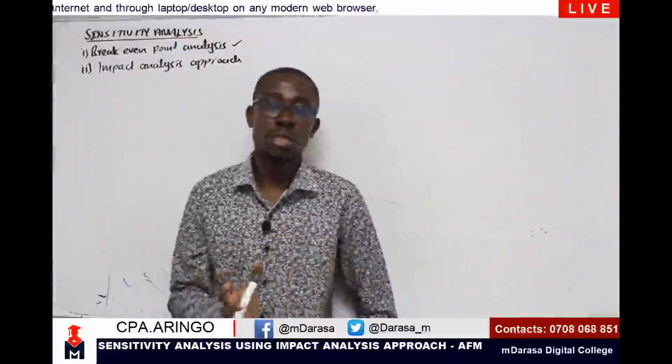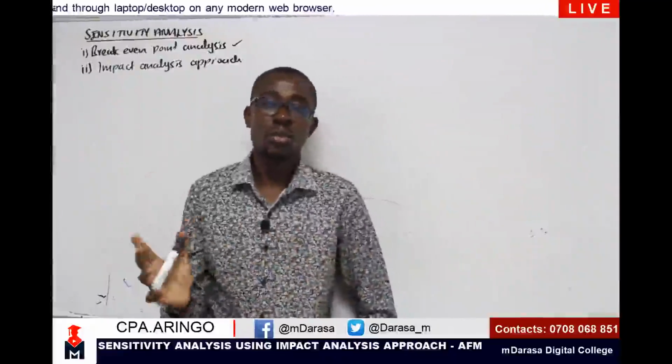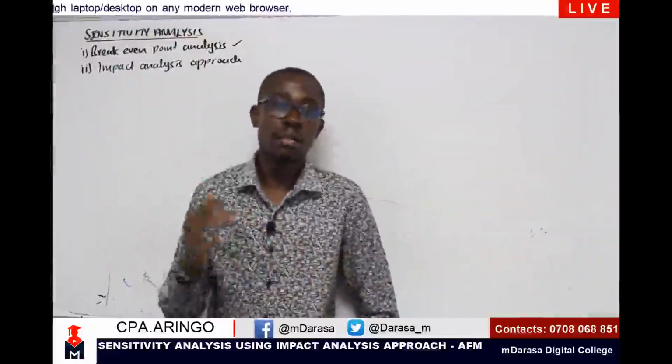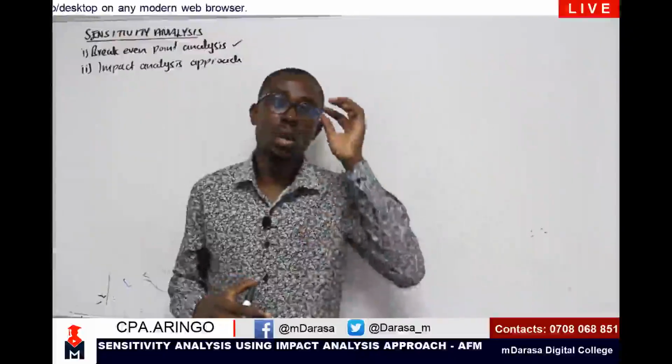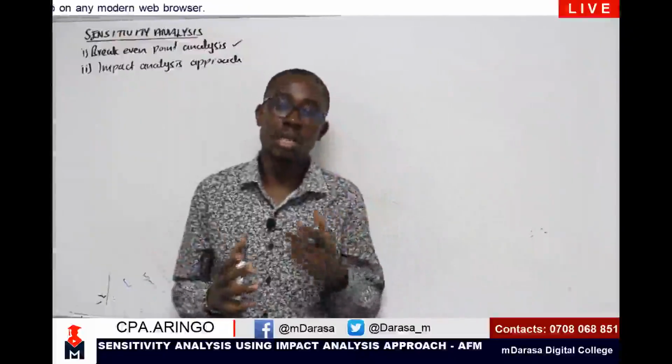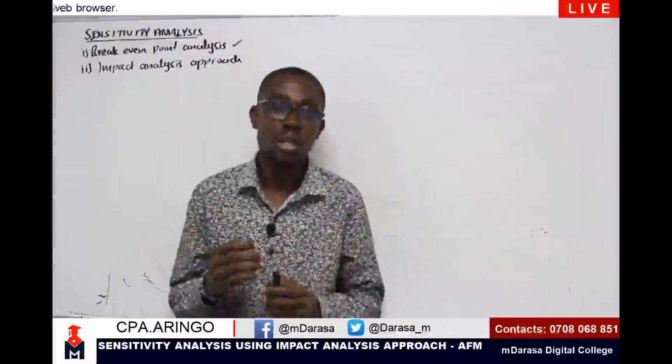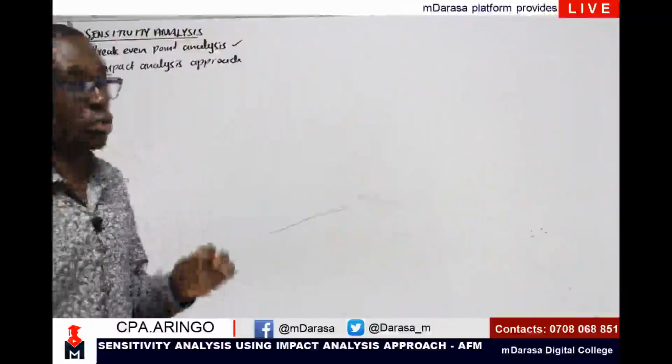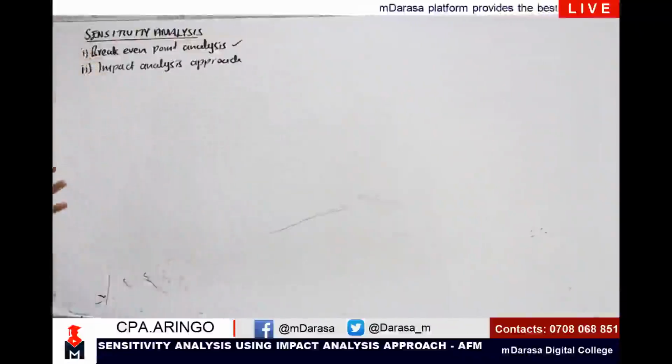We must always maintain at least 0 and above. So under break-even point, our task was to achieve that tolerable change that you cannot go beyond. That was what we had talked about on break-even point analysis.